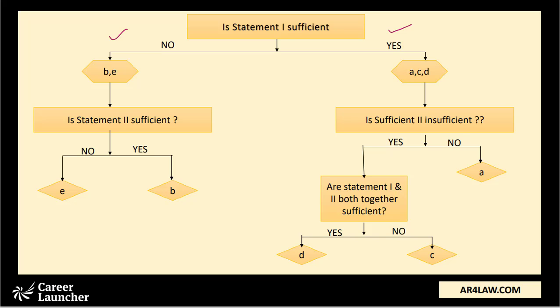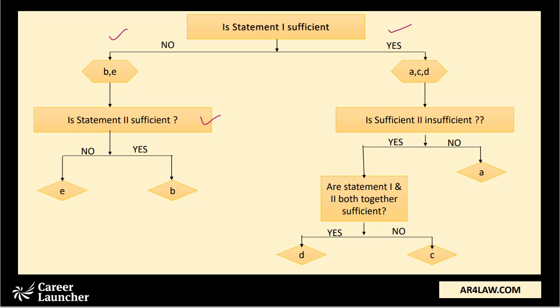What would be that? It would be that the data in statement 2 will give us the answer. So possible answer choices could be B or E, where none of the statements is giving us an answer. So after this step, we'll check statement 2, whether the data given in statement 2 alone is sufficient to give us an answer.